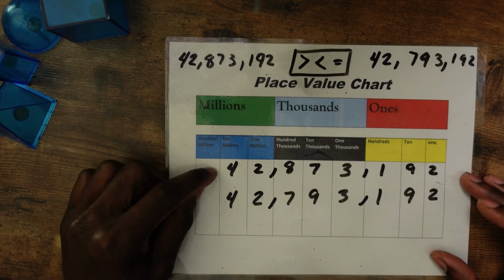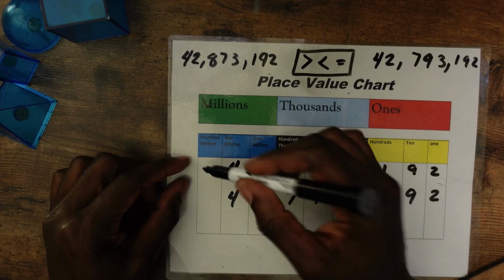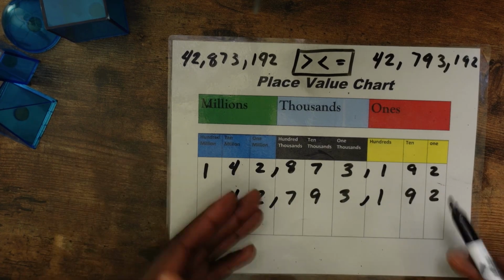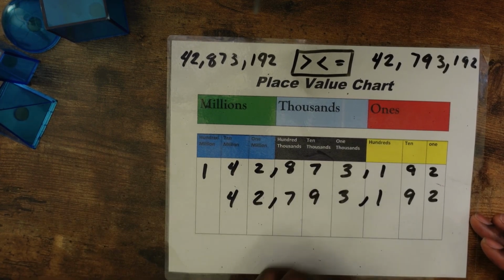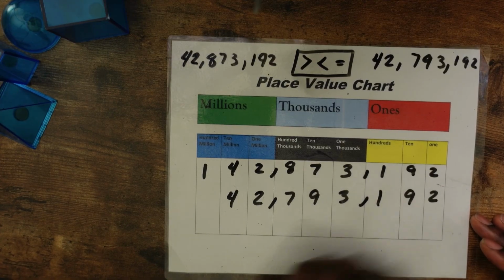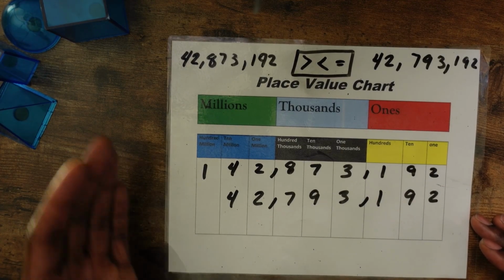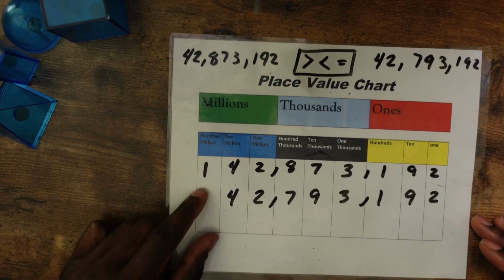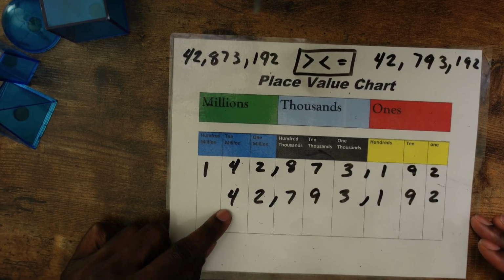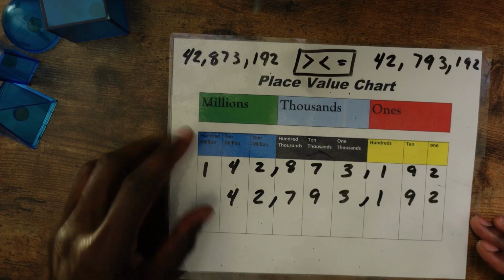If this number goes to the 100 millions, let's say this number was 142,873,192, we don't even have to proceed any further. We already know that this number is larger than this number because it has a whole other place value that it goes to.